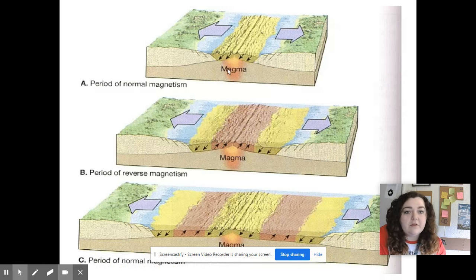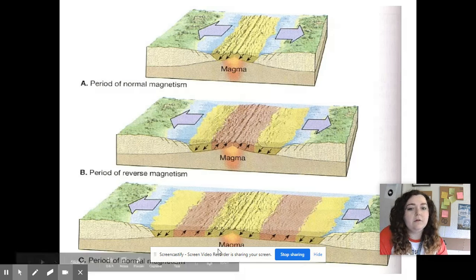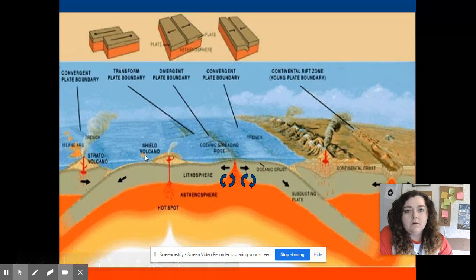When this rock is forming, it's all the same rock, and then as the plates pull apart, that rock gets split, and then it goes to the next one, and so on. So again, this is just another review of the different plate boundaries. We've got convergent when they come together, divergent when they pull apart, and then transform whenever they go past each other.